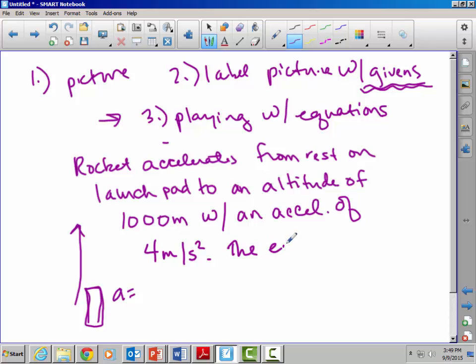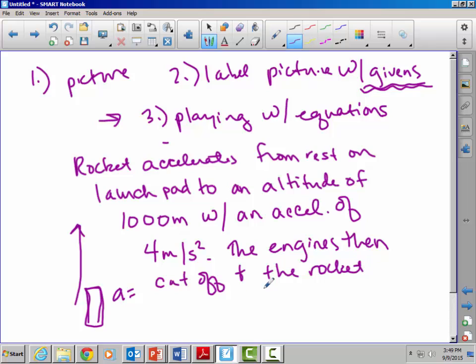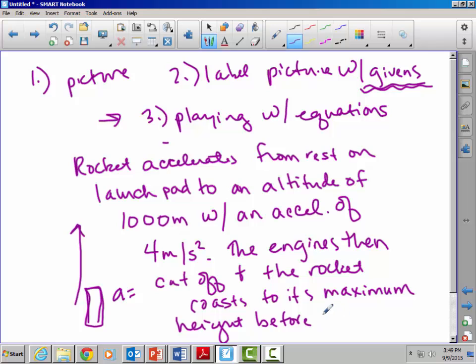The engines then cut off and the rocket coasts to its maximum height before falling back to Earth.